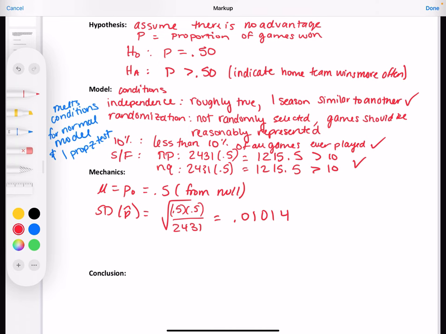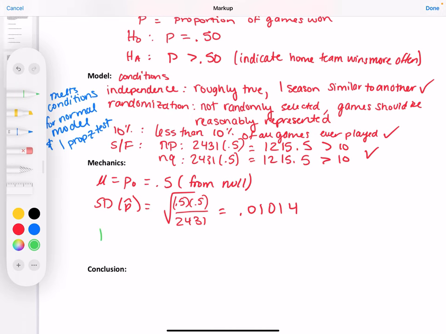So then we can use the one prop z-test. I'll give you this so you can plug it in. So it'll be the one prop z-test of 0.5.